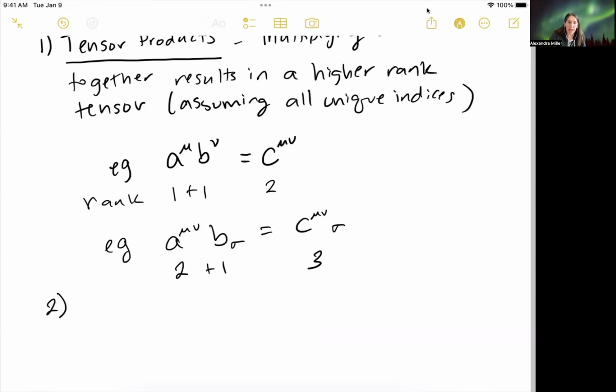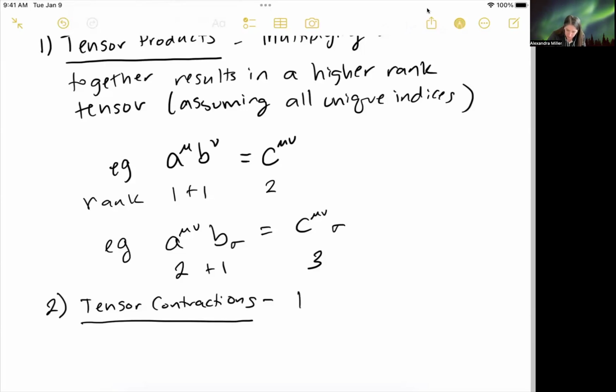So what if we have some of these indices matching? Then we have a contraction. This can be when you're multiplying different objects together, or it could be a contraction within the same object.